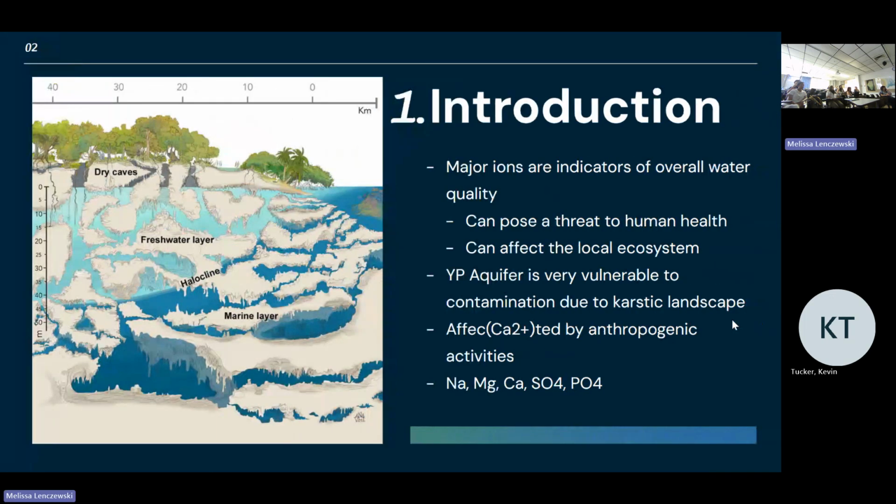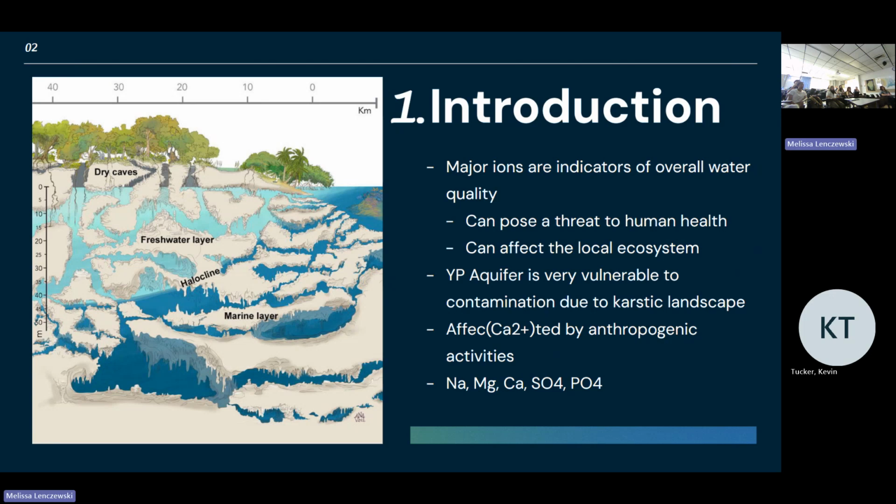So a little bit of an introduction. Lorelei thankfully introduced you guys to microplastics and what exactly those are and the role that they play in groundwater. So I will be explaining a little bit about major ions. They generally work as an indicator of overall water quality.